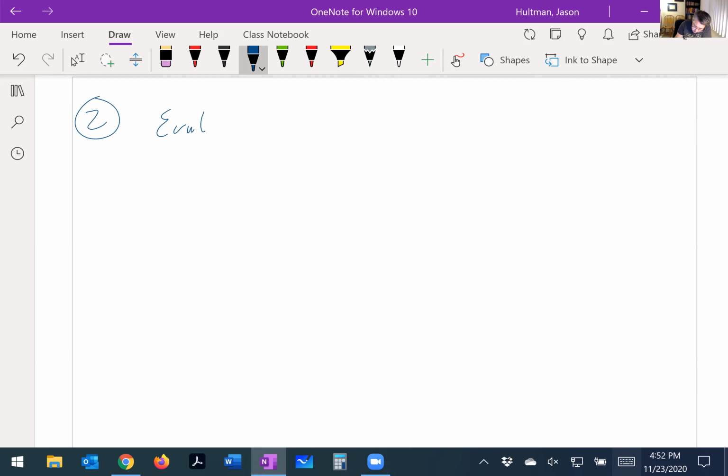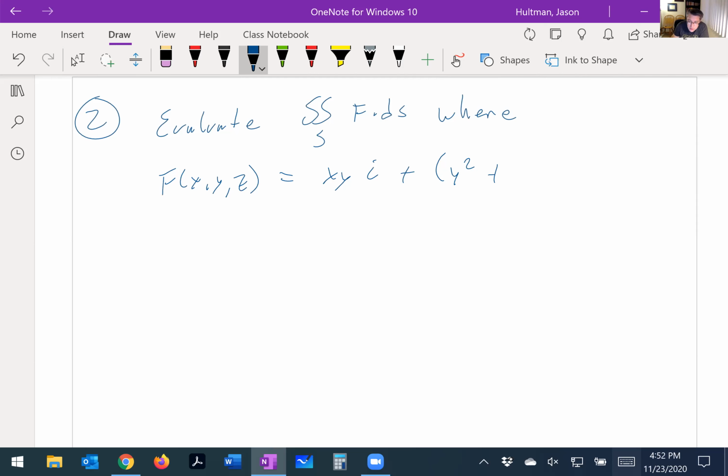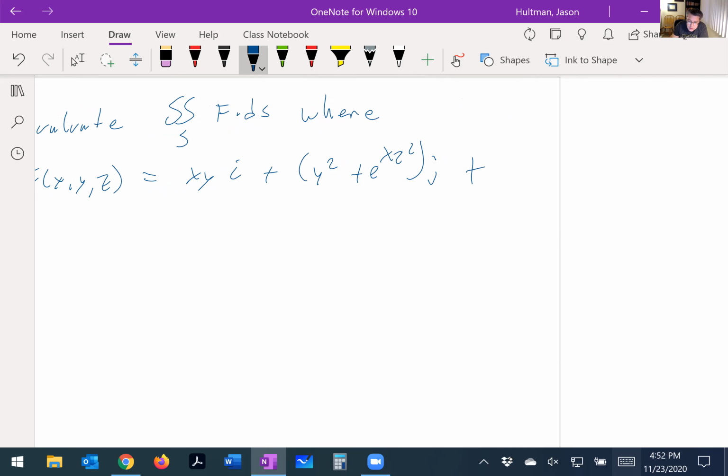Evaluate the surface integral over S of F dot dS, where F of x, y, z is equal to xy i plus (y squared plus e to the xz squared) j plus sine of xy k.